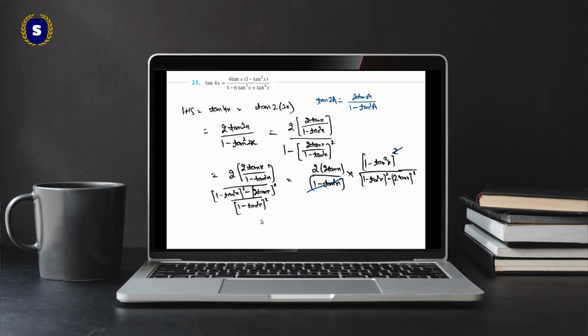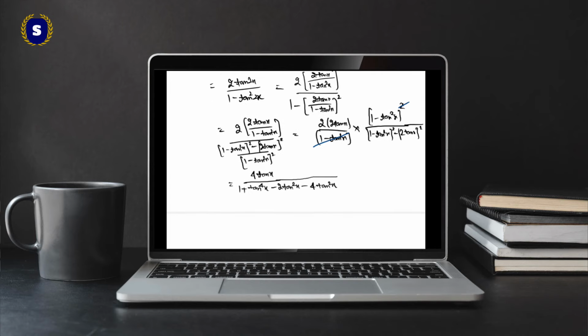This will result in 4 tan x upon, let's expand the bracket here, a square plus b square minus 2ab. This was the first bracket. Then minus 4 tan square x. This was the second bracket.